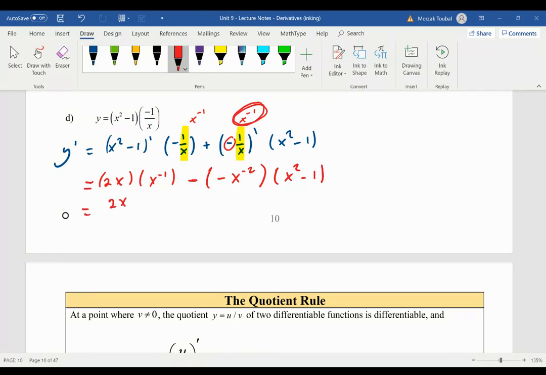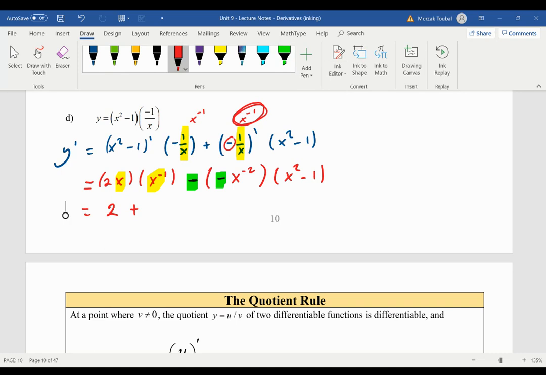So it's 2x, or what's 2x times x to the negative 1? That's 2, because x times x to the negative 1, you add the powers, will be 1 minus 1, which is 0. x to the 0 is 1. Now, you got a minus times minus, which is plus. I'm talking about this minus and this minus. So minus times minus is plus. Then what do we have?